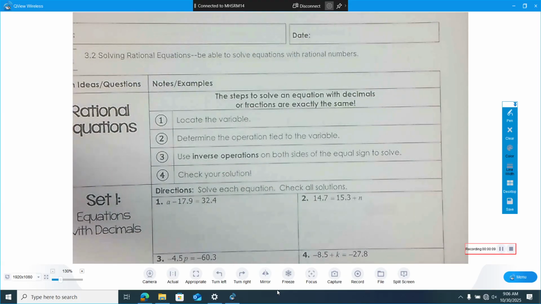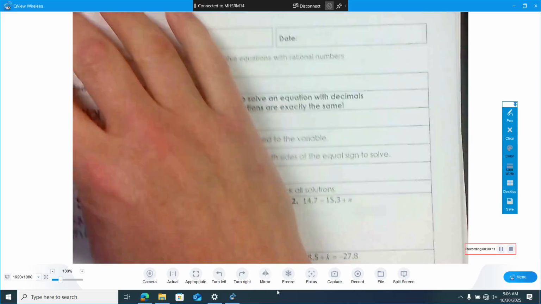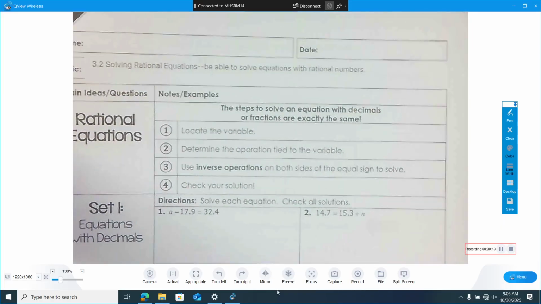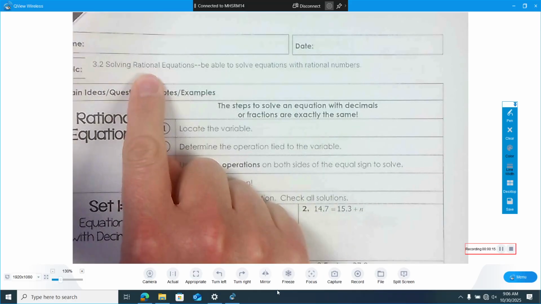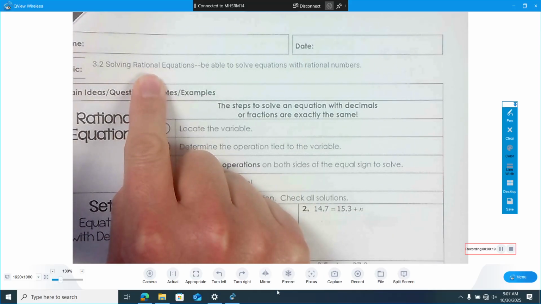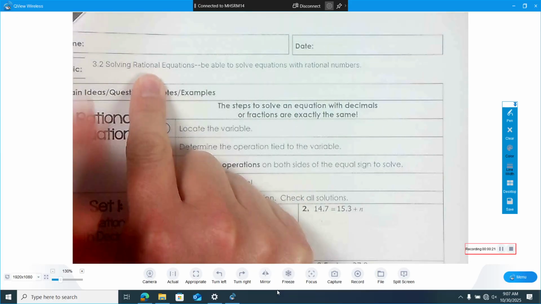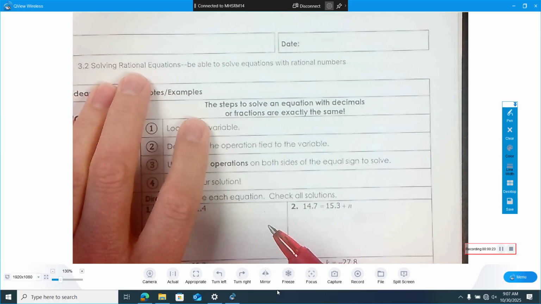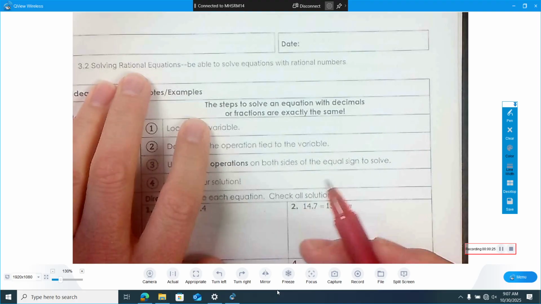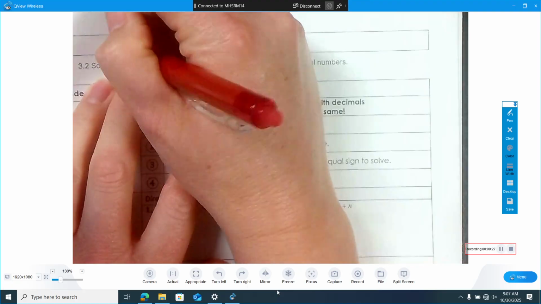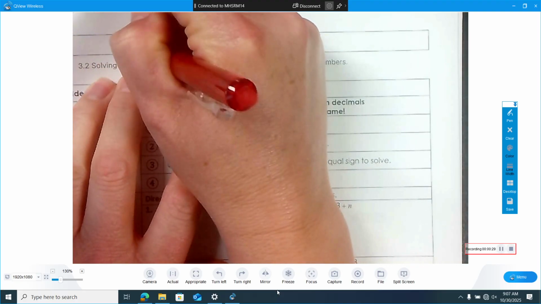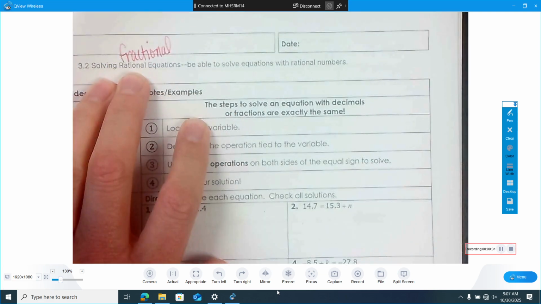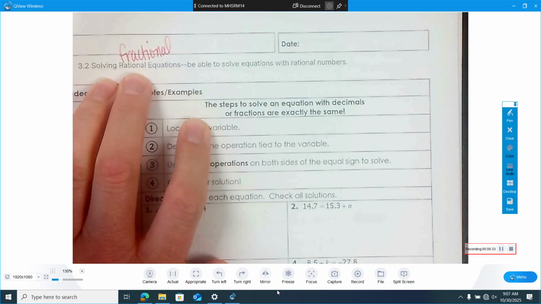All right, today we are solving rational fractional equations. What does the word rational mean? Rational numbers are anything that can be written as a fraction.